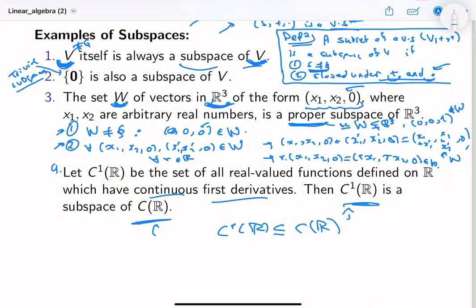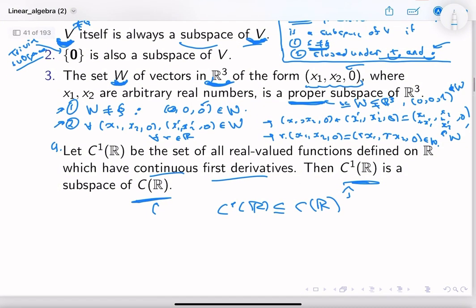So this is a subset, right? And I guess we proved in a previous video that this is a vector space.